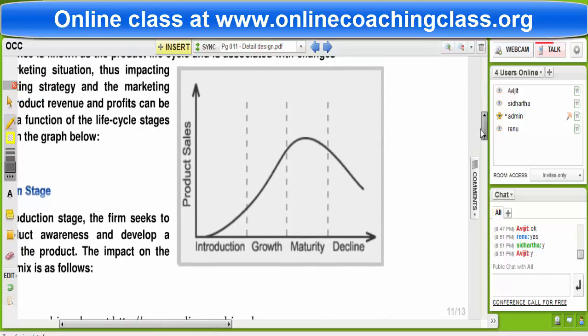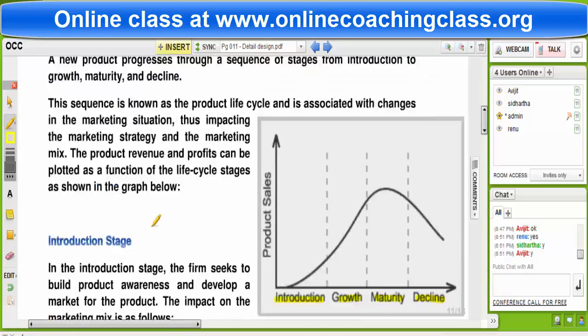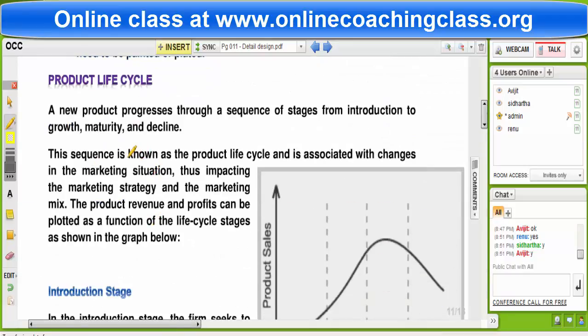Every product has four stages: one is introduction, another is growth, then maturity, and then decline. This sequence is known as the product life cycle, and is associated with changes in the marketing situation, thus impacting the marketing strategy. The product revenue and profit can be plotted as a function of life cycle stages as shown in the graph below.